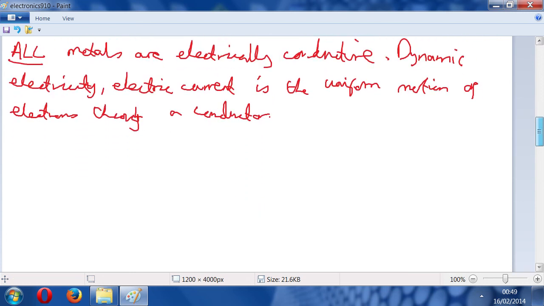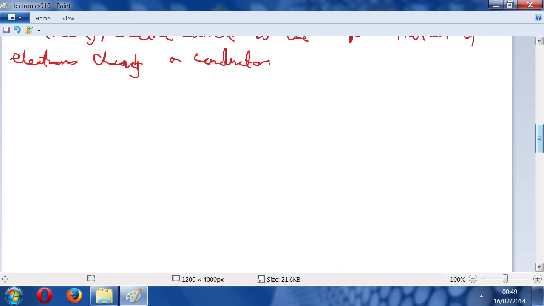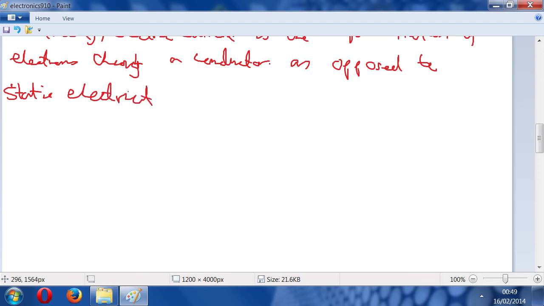Okay. Anything else? And that's opposed to static electricity, which is unmoving.